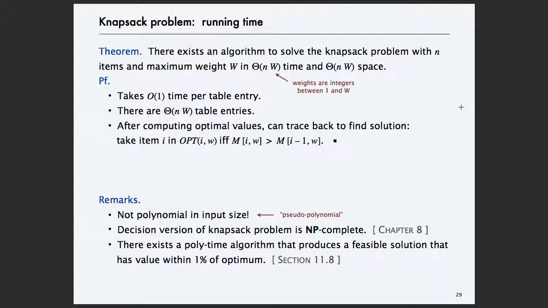It's polynomial, but with an extra thing, right? In a way, this is the same kind of cheating thing that bucket sorting does. Like, oh, as long as, right? So it's the same kind of cheating.